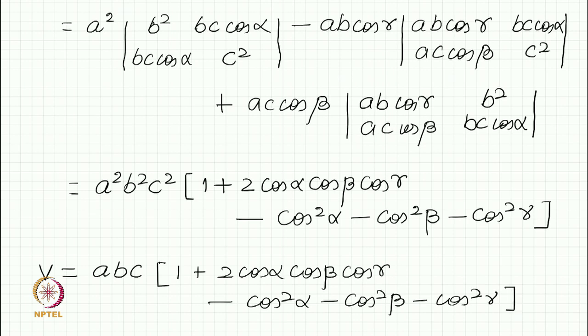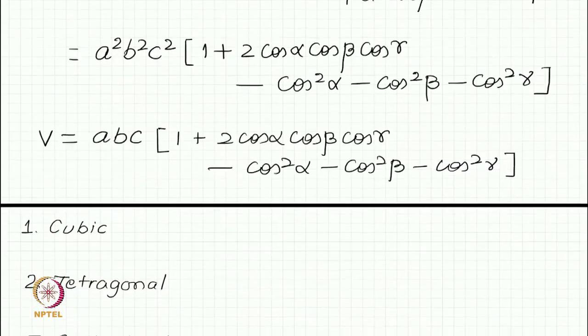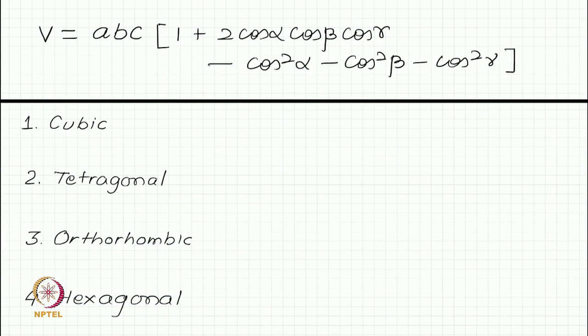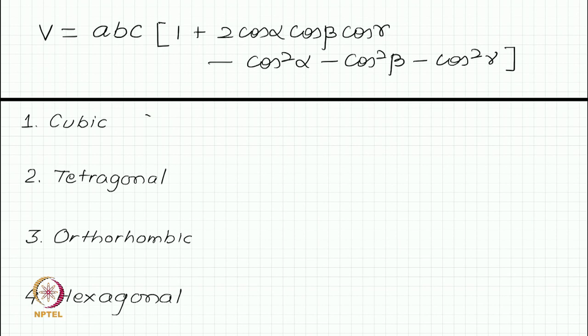And that is why the orthogonal unit cells are so nice. You can see all the cosine terms will vanish. As soon as these angles are 90 degrees, all the cosine terms will vanish and will give you a nice formula for volume. So, let us see one by one the application of this formula to different crystal systems.